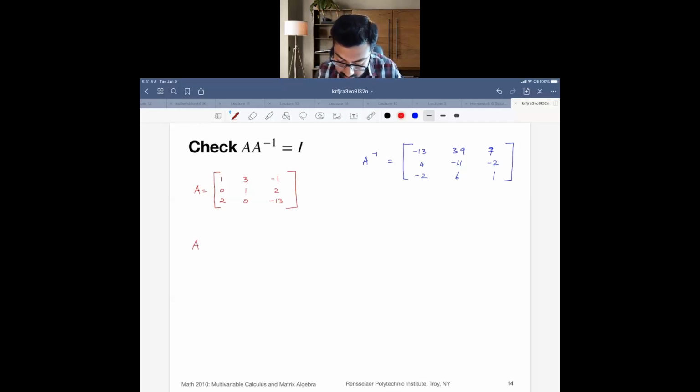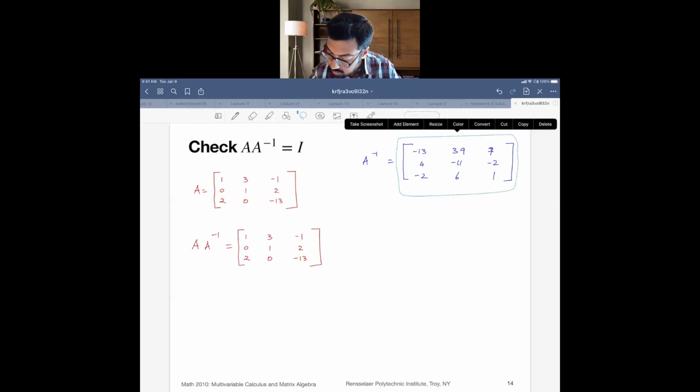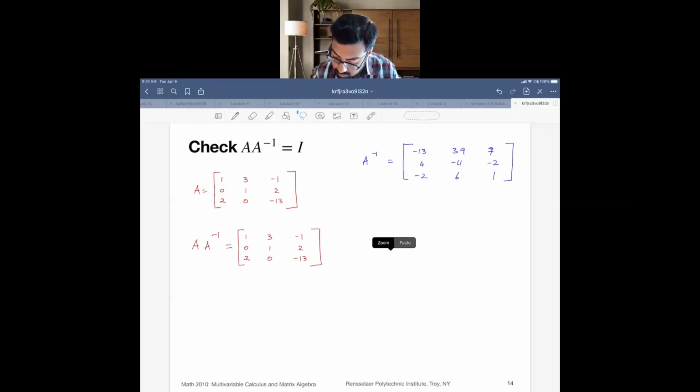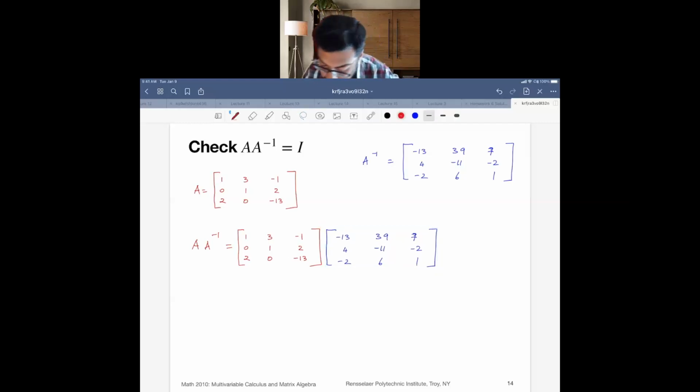So A times A inverse would be all of this multiplied by all of this. And the claim is that, if I've done everything correctly, this will go to an identity matrix.